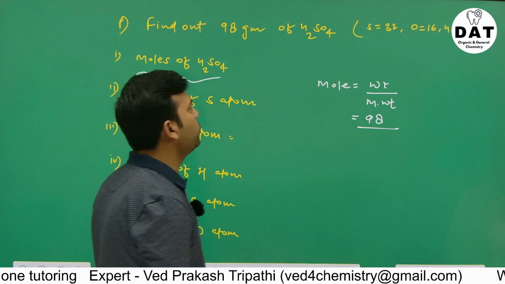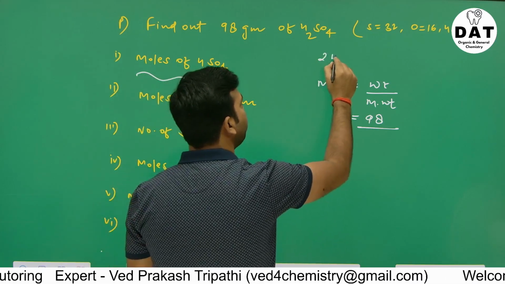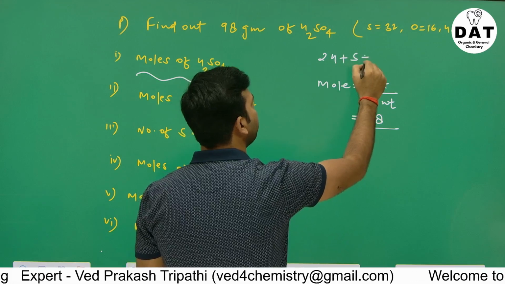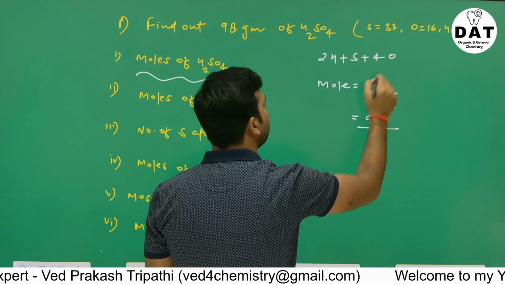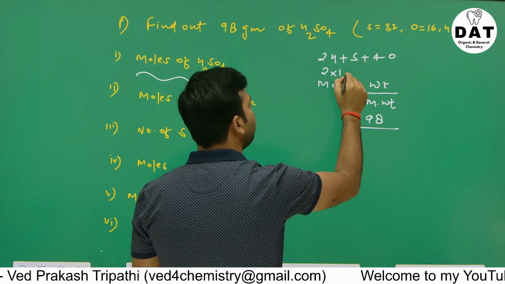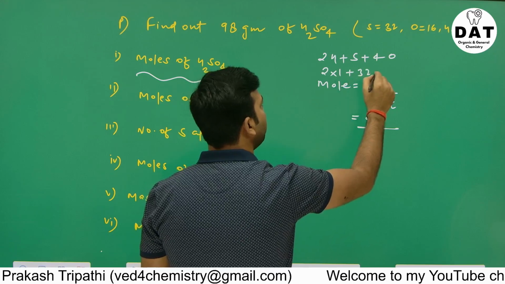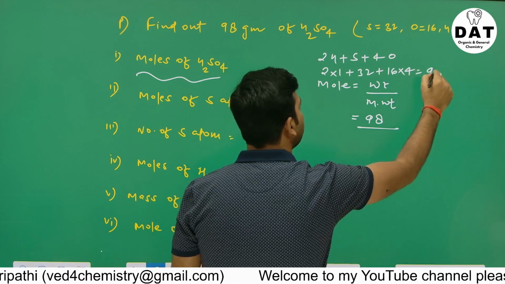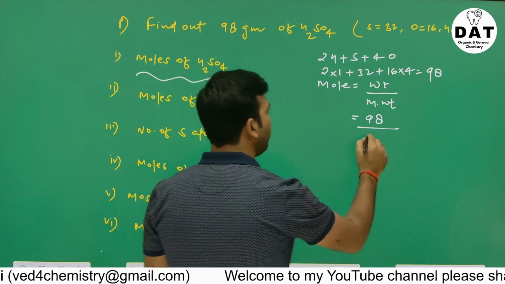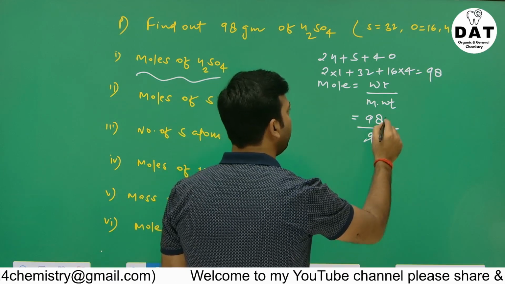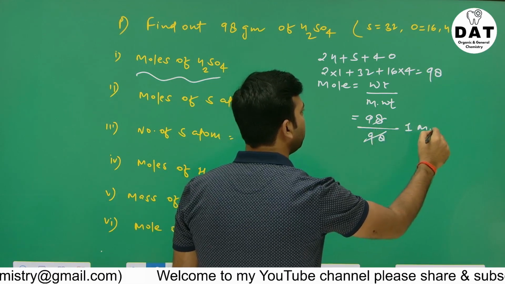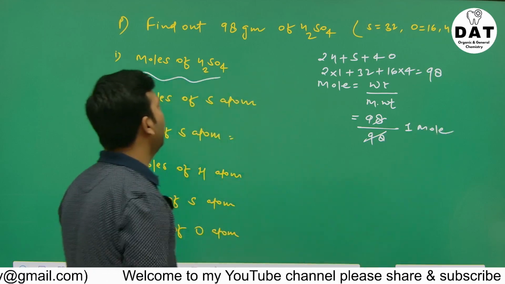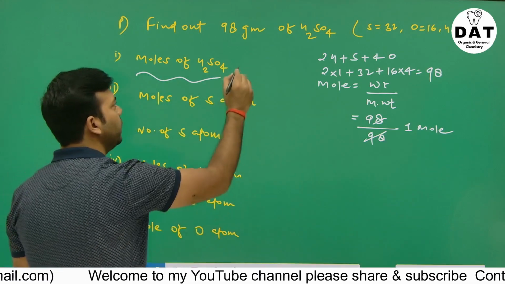H2SO4 means 2 hydrogen plus 1 sulfur plus 4 times oxygen. So hydrogen 2 into 1 plus sulfur 32 plus 16 into 4, which is overall 98. Clear? So my molecular weight is 98, so we have just 1 mole. So we got 1 mole H2SO4.